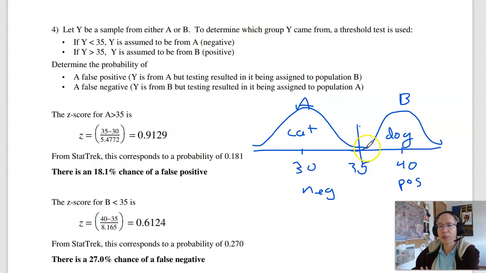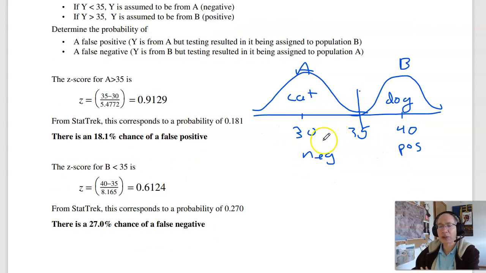What are the probabilities? Again, that's a z-score. I want to find out how far 35 is from the mean, because that gives the area of the tail, in terms of standard deviations. For A, this distance right here is 0.912, so the z-score is 0.912. From StatTrack, that corresponds to a probability of 18%.